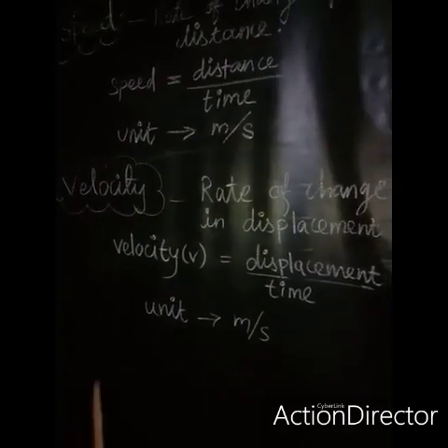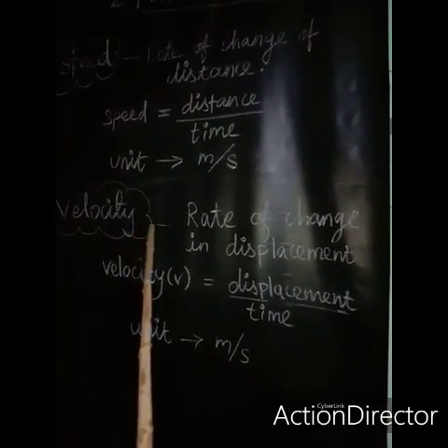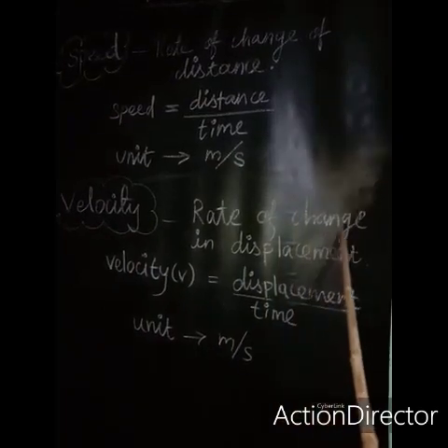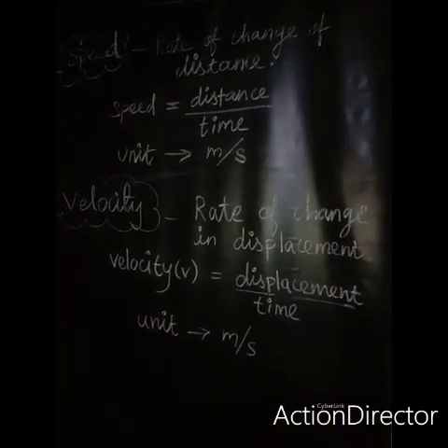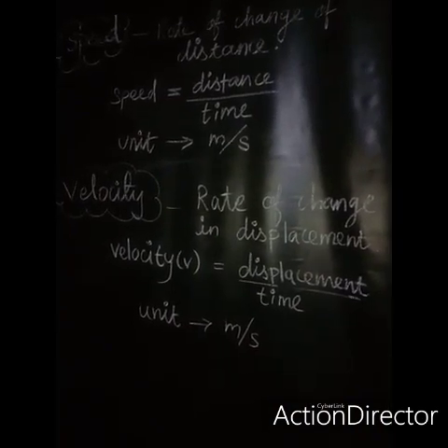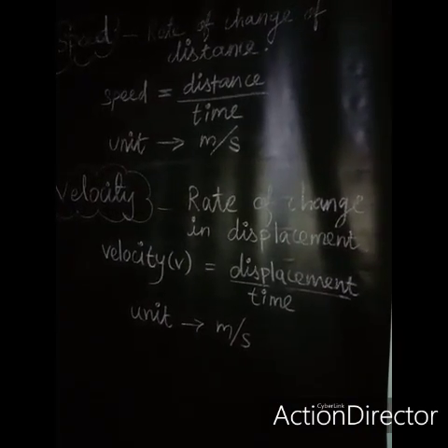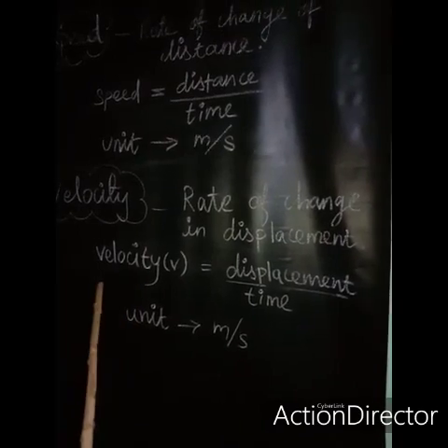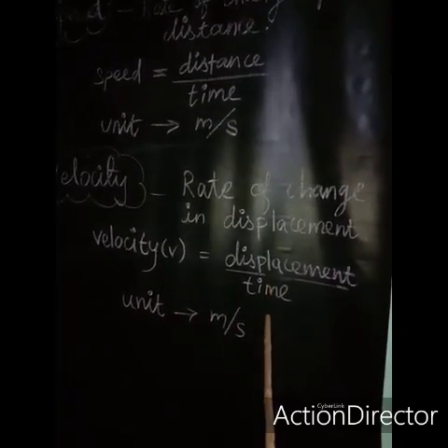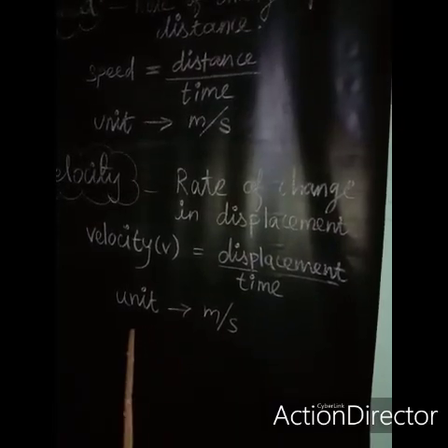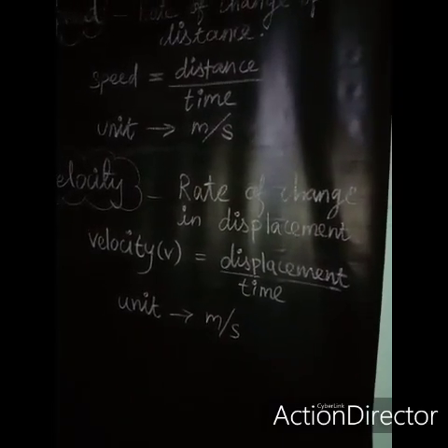Velocity. Velocity is defined as rate of change in displacement of an object. Velocity V is equal to displacement by time. Its unit is meter per second.